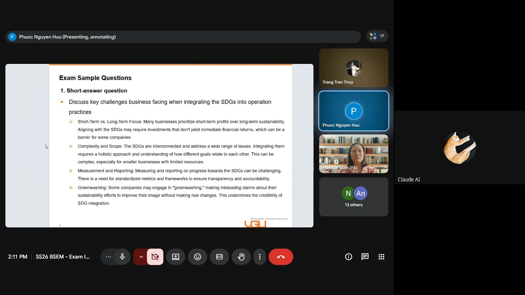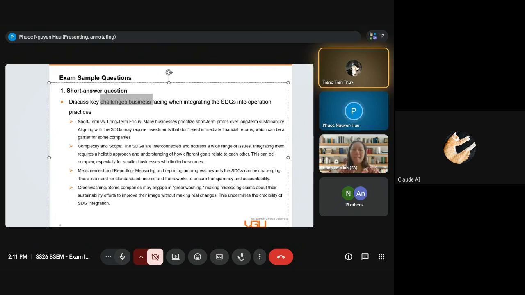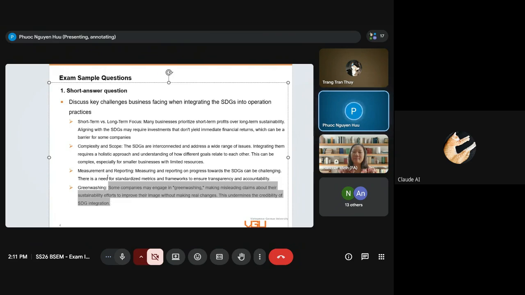For the short answer question, I think you can just list down the key parts in bullet points. Like here, discuss the key challenges of business. You can just list down 4 bullet points, the key parts, and write just one sentence to explain the idea. This is fine for the short answer question.